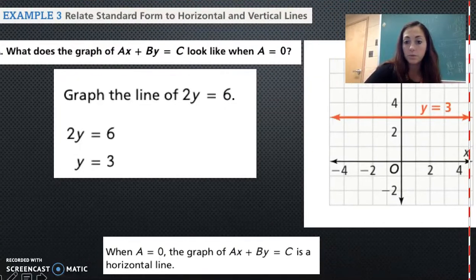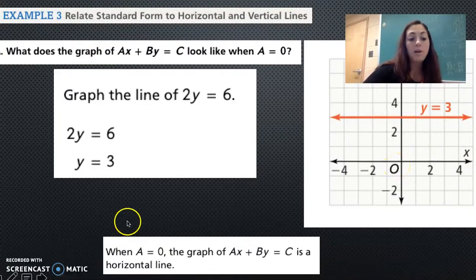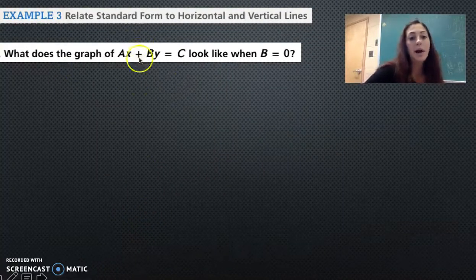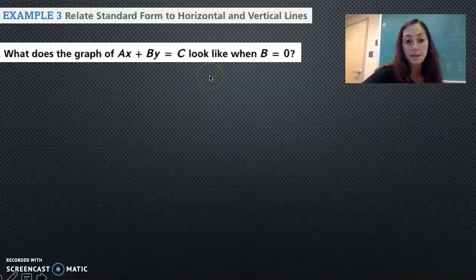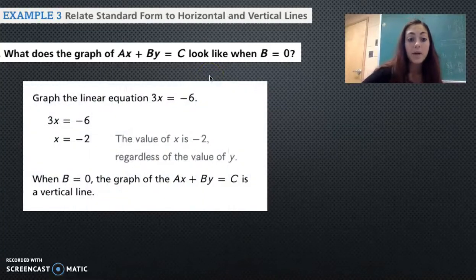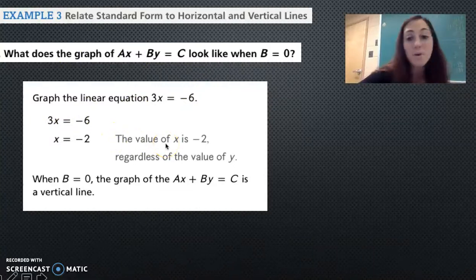I would like to move so you can see that. All right, our next example is, what if the graph has B equaling 0, so there's no y value? So here's an example of that. You have 3x equals negative 6, divide by 3, and you get x equals negative 2. So the value of x is negative 2 no matter what y is. y can be anything, and x will be negative 2.